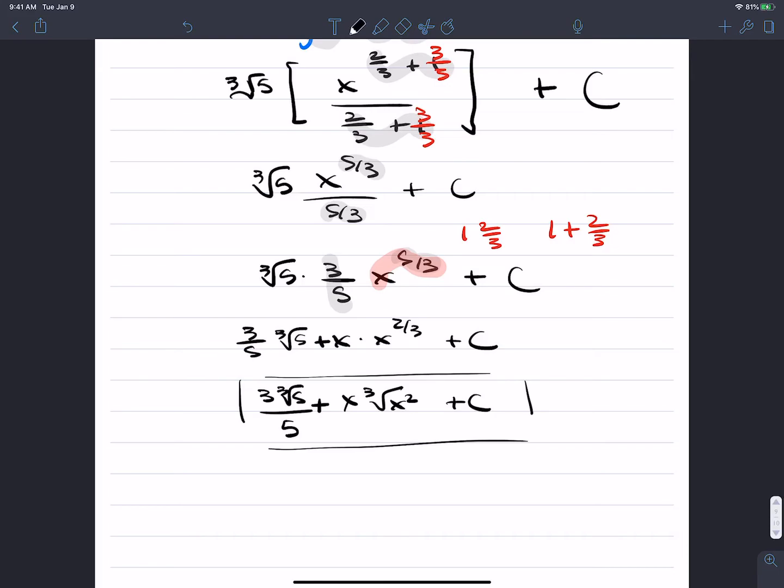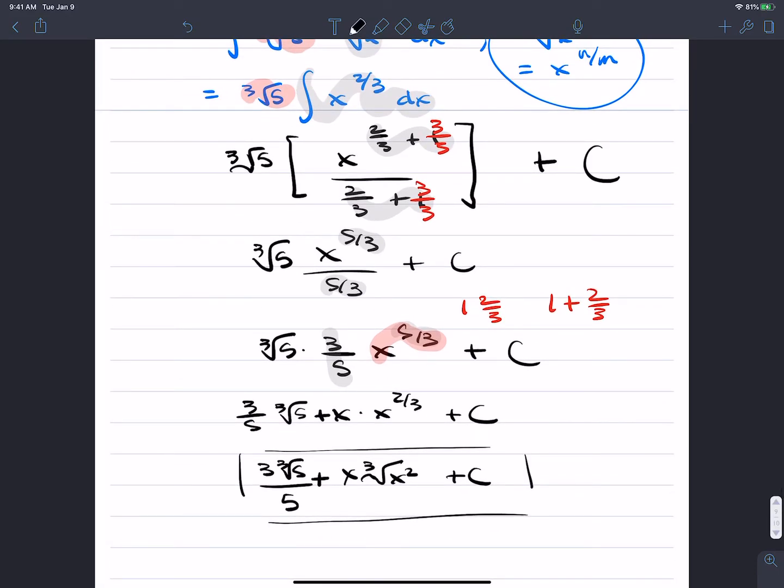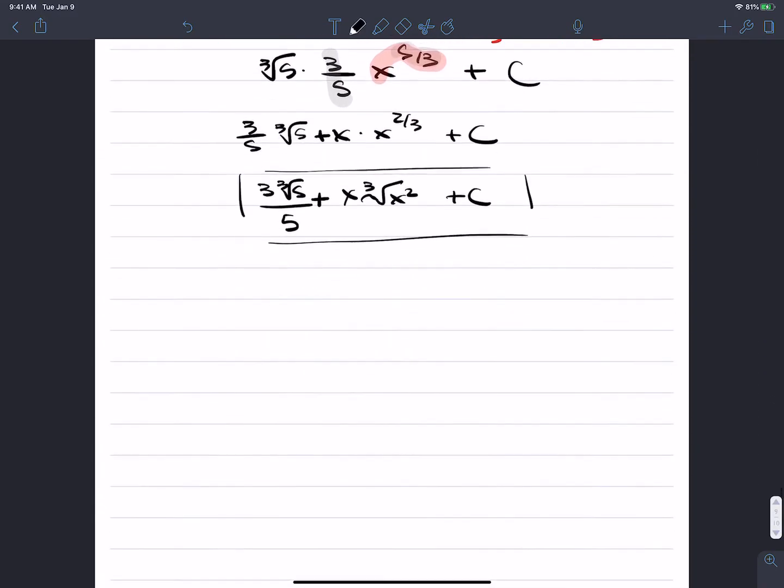Cube root of x, this is a cube root. Yeah, be very careful. I apologize. Good, very good. So do we have time for another one, or what do you guys think?